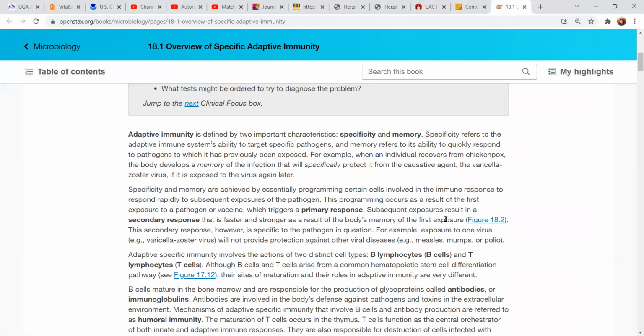When we are exposed to a pathogen for the very first time, that's called the primary response. The immune system is going to launch a response. We'll have basically a two-armed approach. We'll have the responses from our innate immunity, and then we have the responses coming from our adaptive immunity that are going to remember that pathogen.